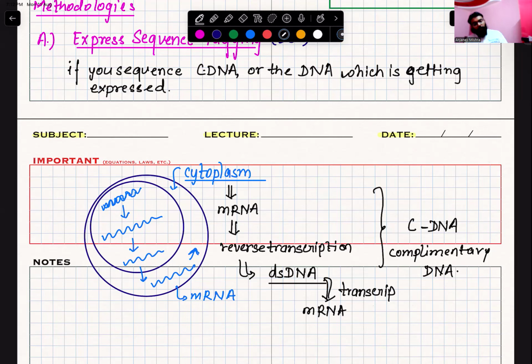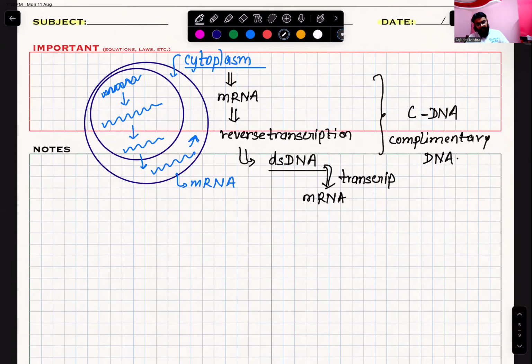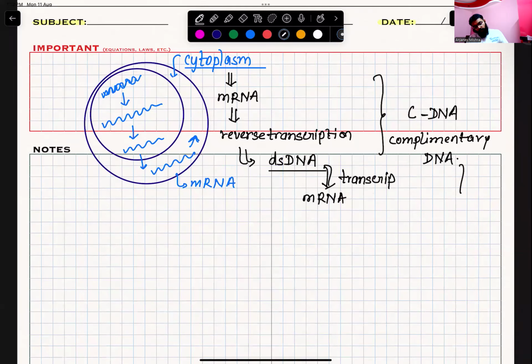So can I simply not call it expressed sequence tagging? Once you have got the cDNA and you know what function it is doing, you can do the annotation that this cDNA is doing this work. This is called sequence annotation.